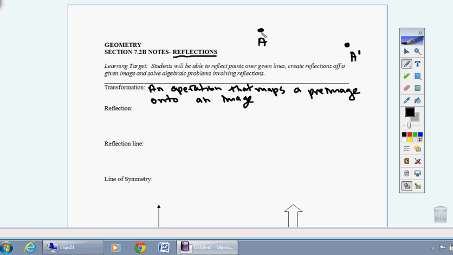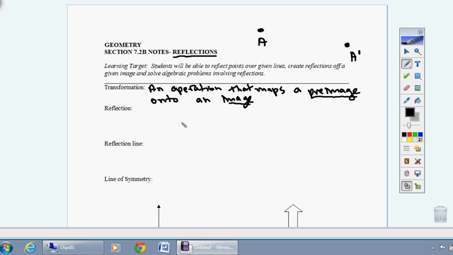So what a transformation does is how do we move our pre-image, or point A, to our image, or point A prime. So when you see the word pre-image, that just means original figure. And when we see the word image, that refers to our new figure.